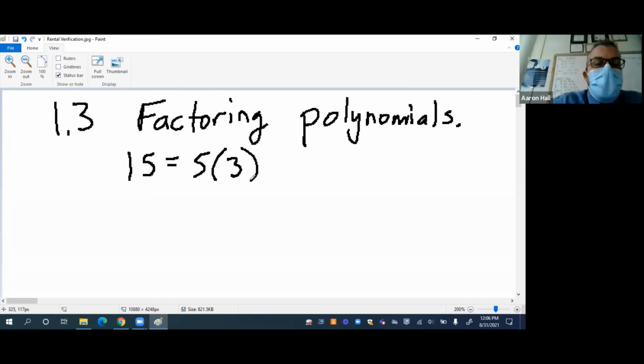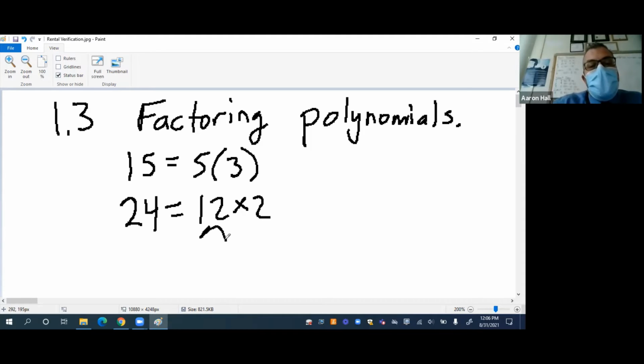What if I had something more difficult? Let's do 24. What are my factors? There's a lot of factors. I could have 12 and 2, right?